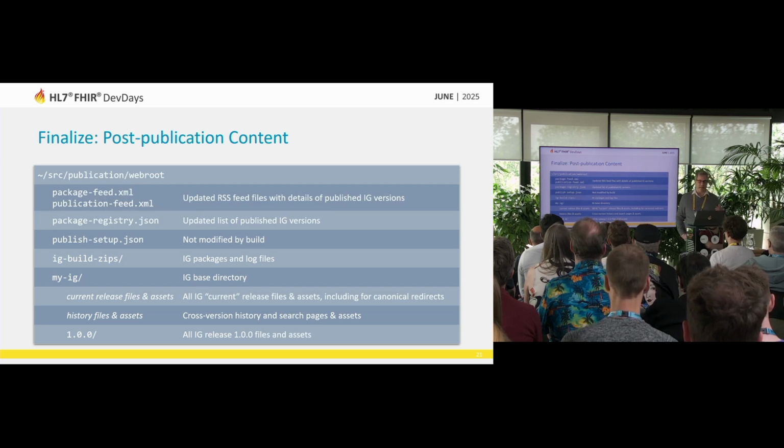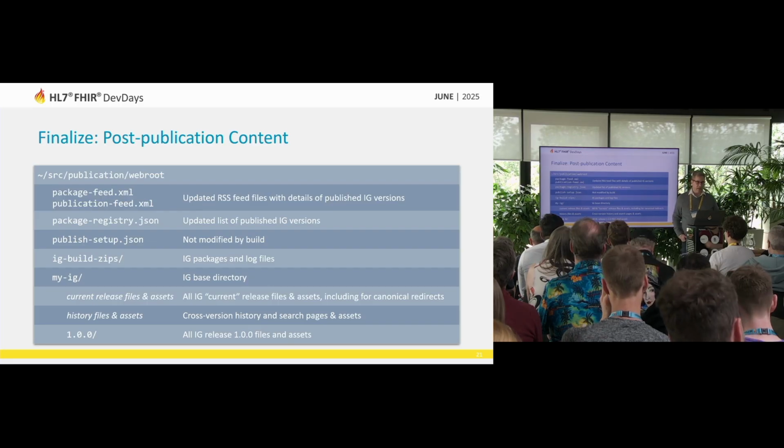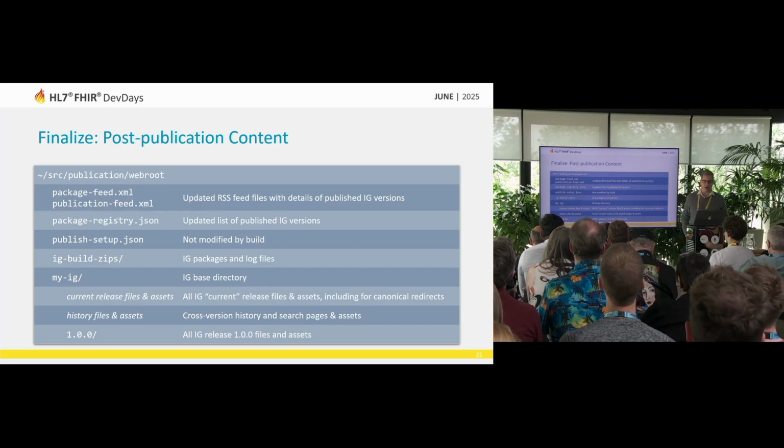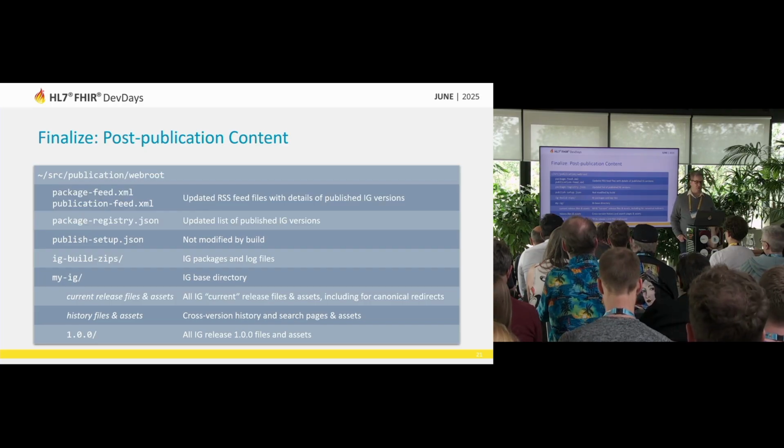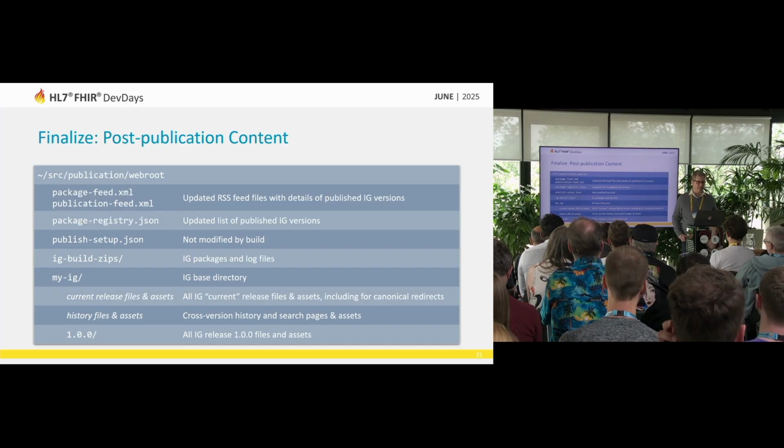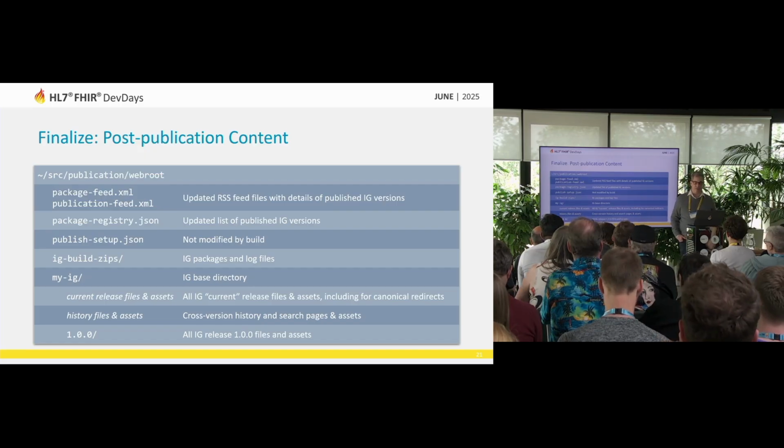This is where you would land by default if you go to the IG website. It has all of your regular IG files for the current or milestone version publication. There's a subdirectory for IG assets, like CSS files. There's resource subdirectories to handle the canonical redirects.